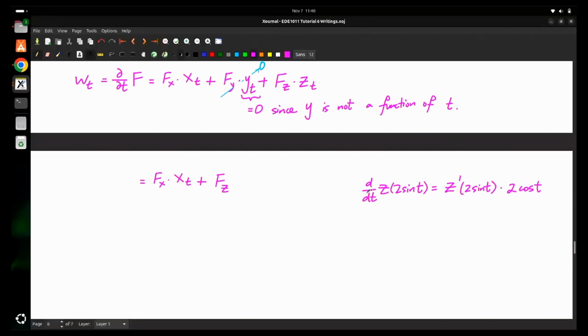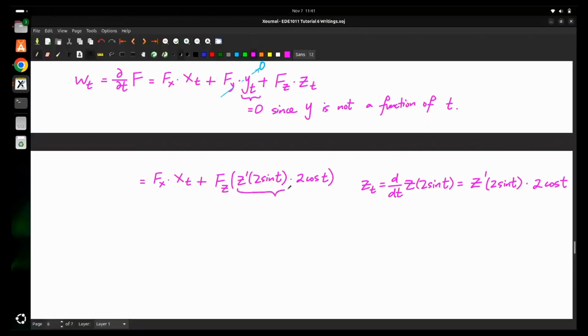So therefore, this is your Z sub T. So you plug in Z prime as a function of 2 sine T times 2 cosine T. This is actually your Z sub T. Is that right? So now we can sub in the coordinates. Any questions with this or not?